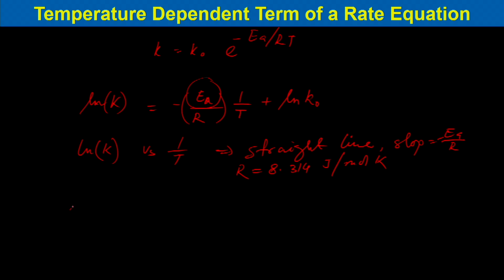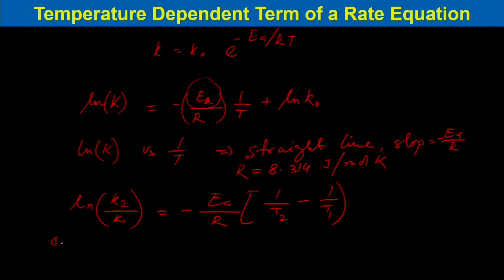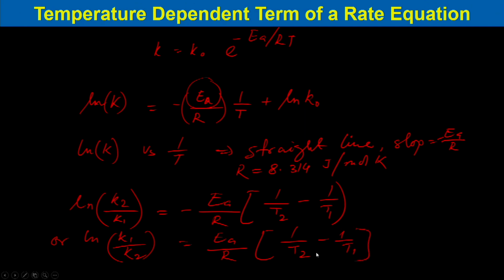So, we can use the expression ln(k2/k1) = -(Ea/R) × (1/T2 - 1/T1), or ln(k1/k2) = (Ea/R) × (1/T2 - 1/T1). T is in Kelvin.